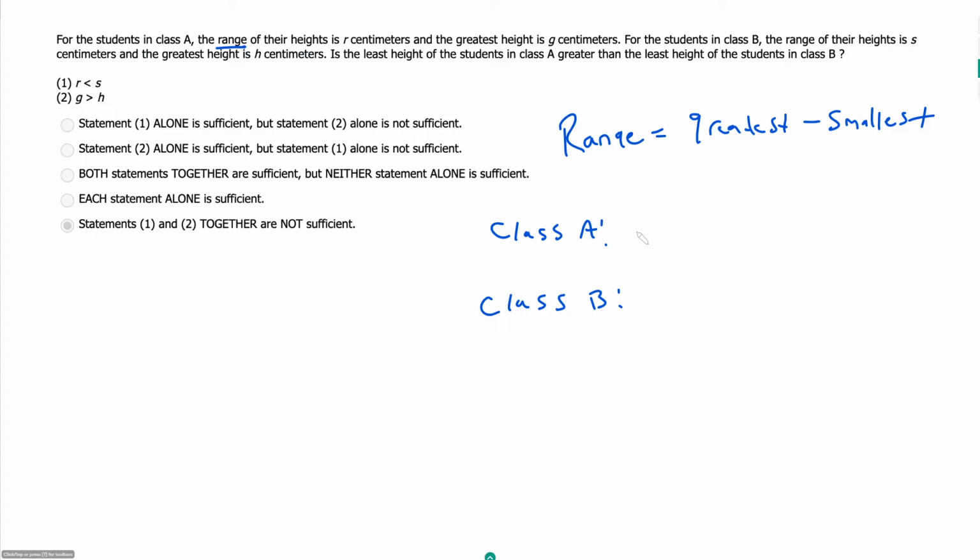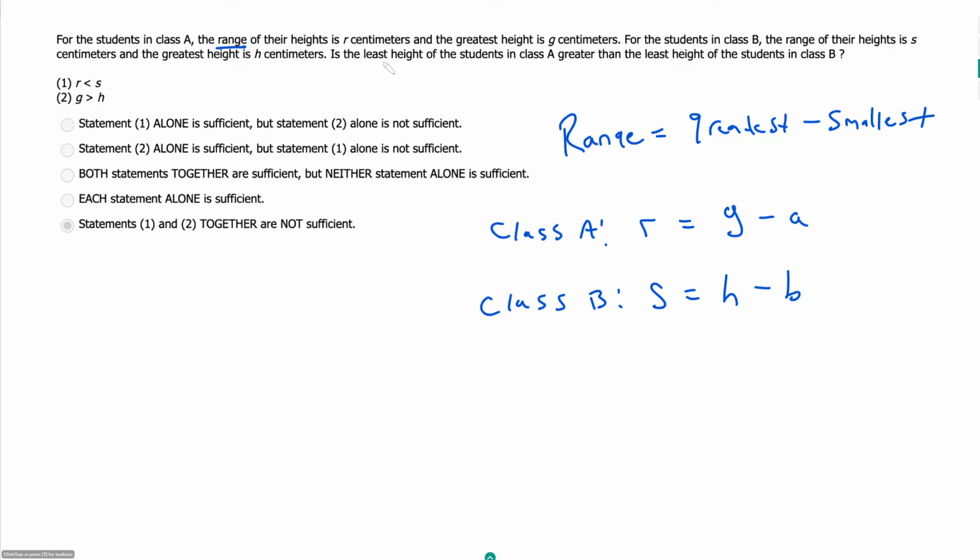So here we can say r, so the range is equal to g, so the greatest height, and then they don't give us a variable for the smallest height, so I'll just make one up, and I'll say, so for Class A, the smallest height is little a, and then for Class B, the range is s centimeters, and so that should be equal to their greatest height, which is h. I'll say their smallest is little b, and so now we have 2 equations, each representing the range of heights in Class A and Class B respectively.